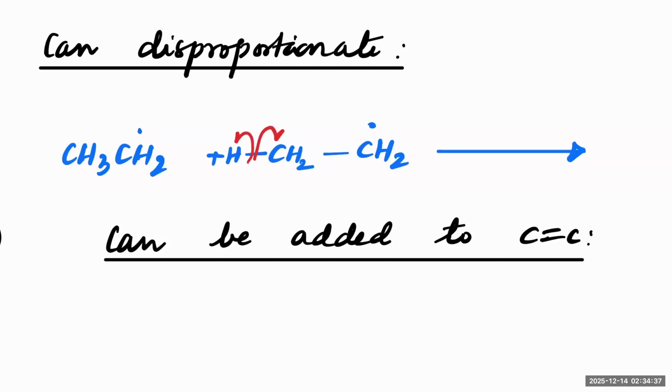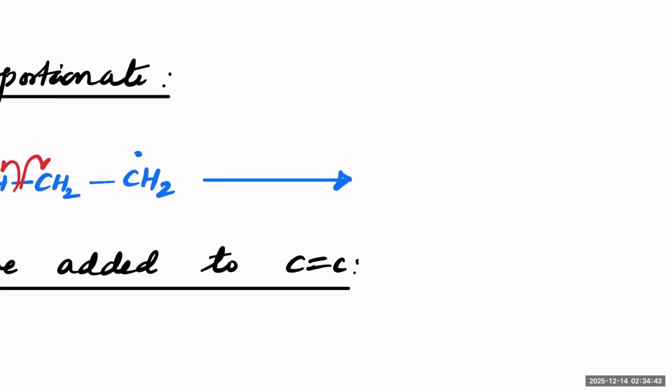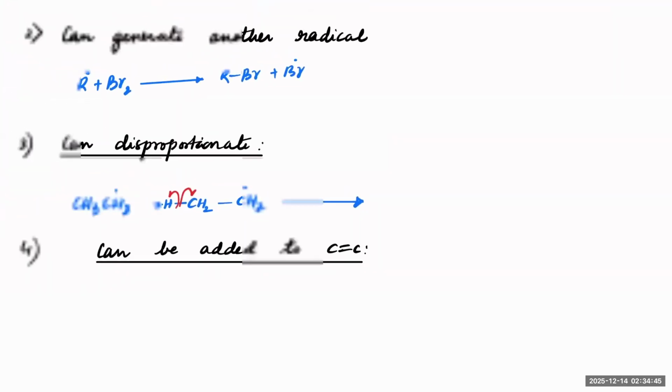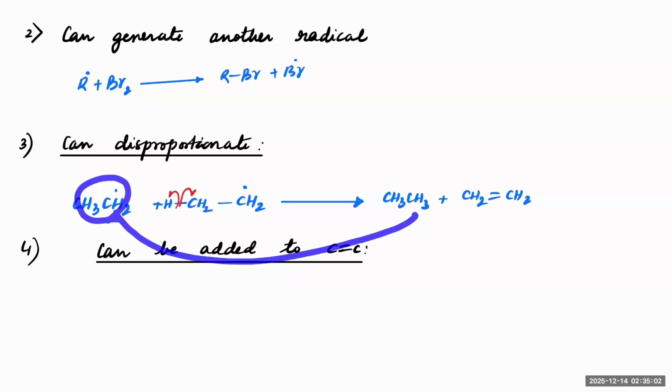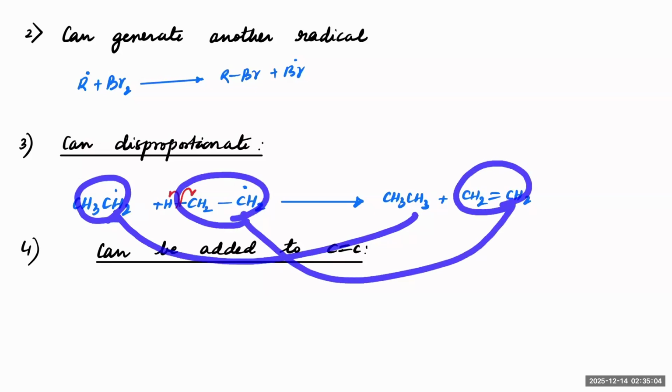So we'll get this as CH2 dot, and that CH2 dot here and H dot here will convert into CH3CH3 plus CH2 double bond CH2. That's it. This one is getting reduced, the other one is getting oxidized.